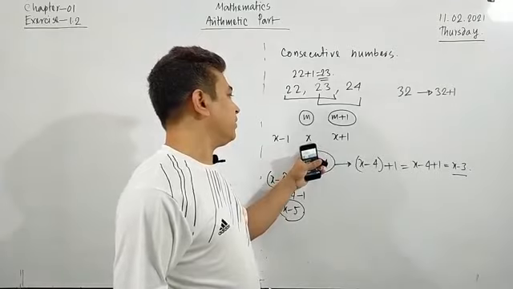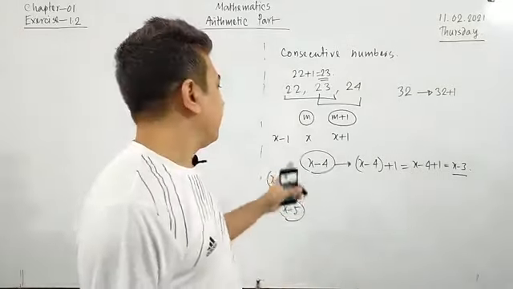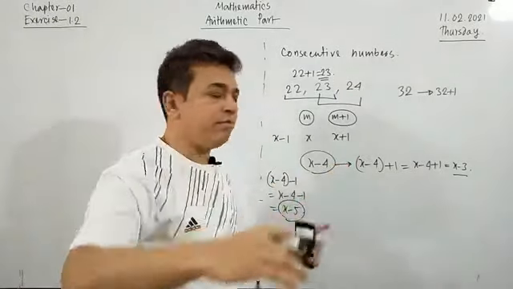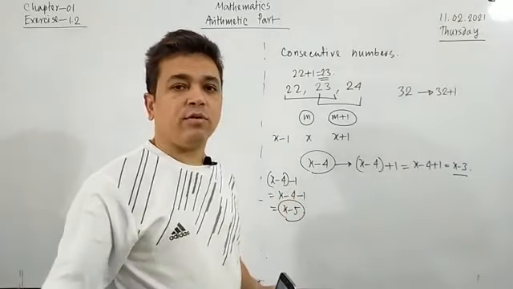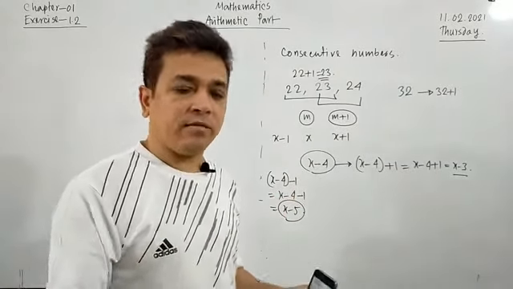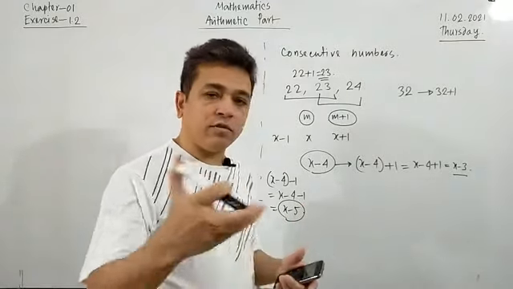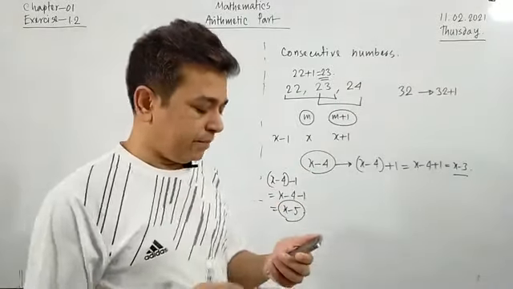If the first number is x, the next is x plus 1 and the previous one is x minus 1. Instead of any particular number, if it is x minus 4, x minus 3, x minus 7 or something like that, the next one should be that number plus 1.